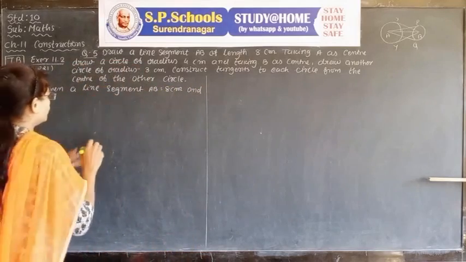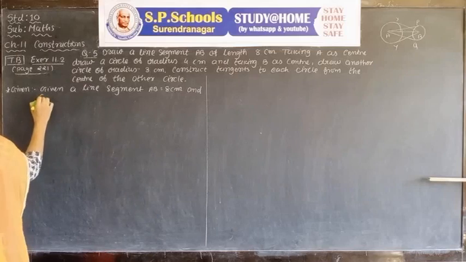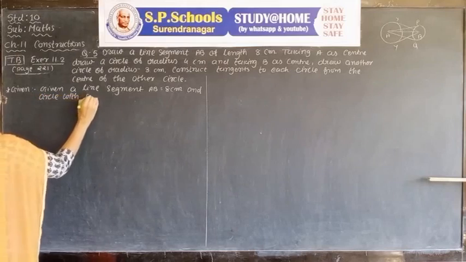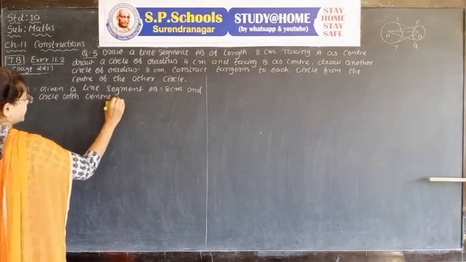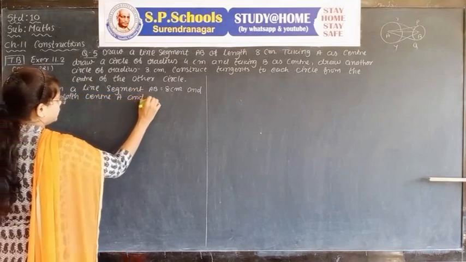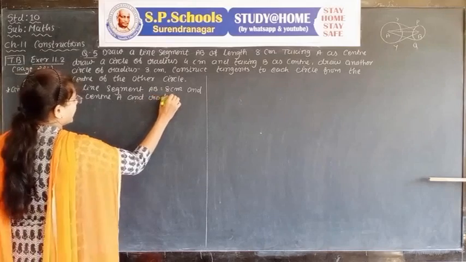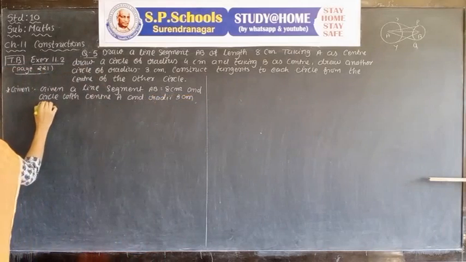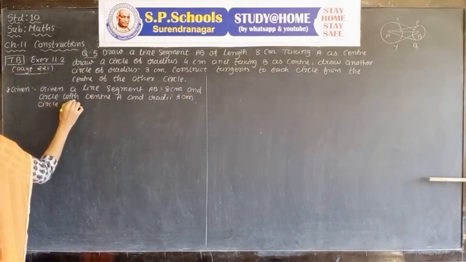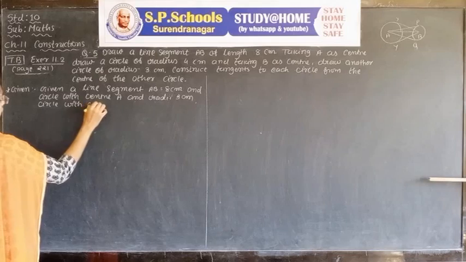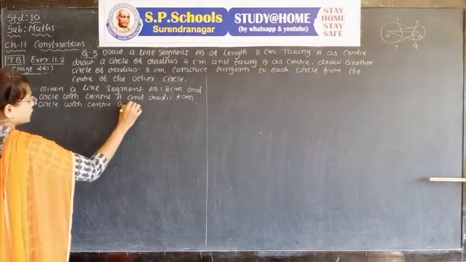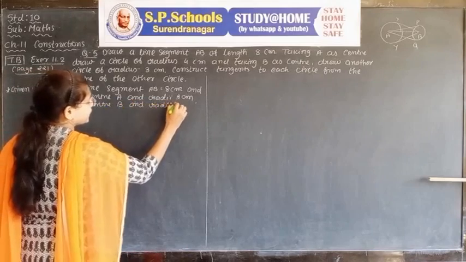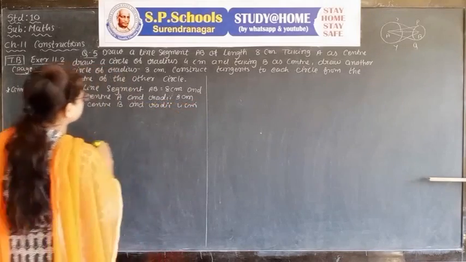circle with center A and radius 4 cm, circle with center B and radius 3 cm.